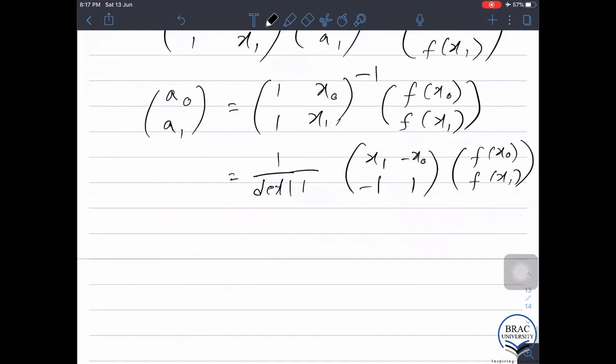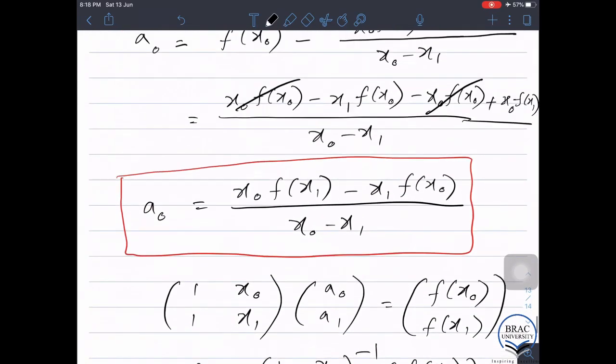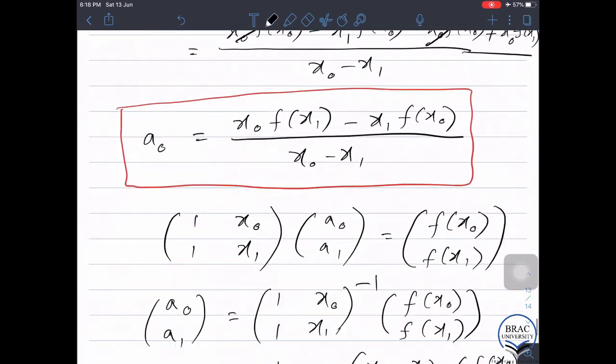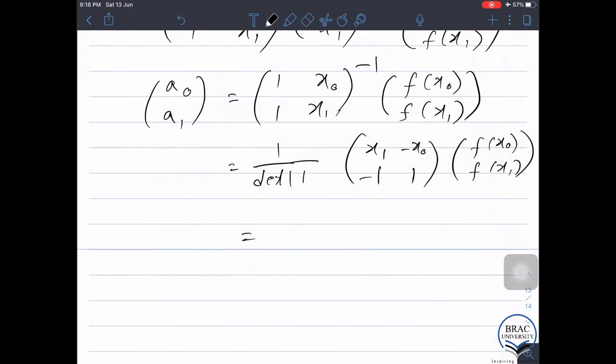If you multiply them out and calculate it precisely, you will see that a0 and a1 will give you the precise results that we calculated before. I leave it to you as an exercise because you calculated the inverse of a 2 by 2 matrix before. So do it, check it by yourself, and check that these two equations are reproduced by this calculation. I hope you can do it.